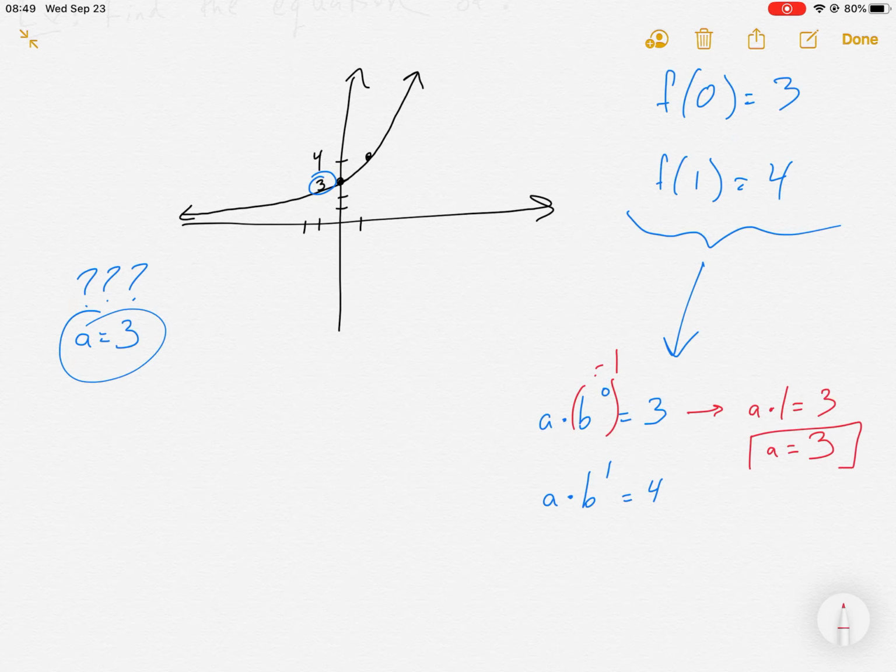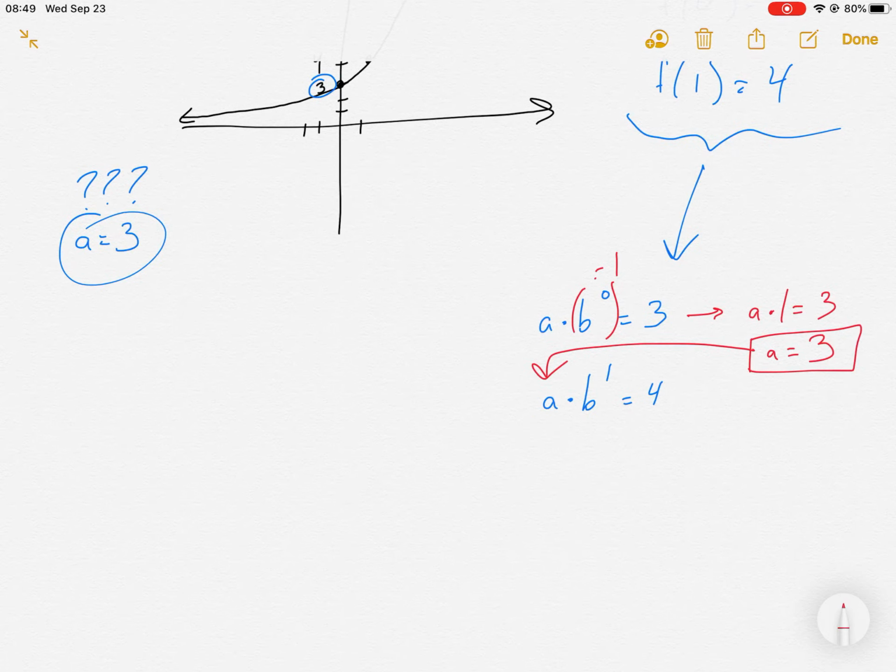Now I substitute this into the second equation, and I get 3 times b to the power of 1, well, b to the power of 1 is just b, has to equal 4. And solving for b in this case, dividing both sides by 3, I end up with 4/3 for b.